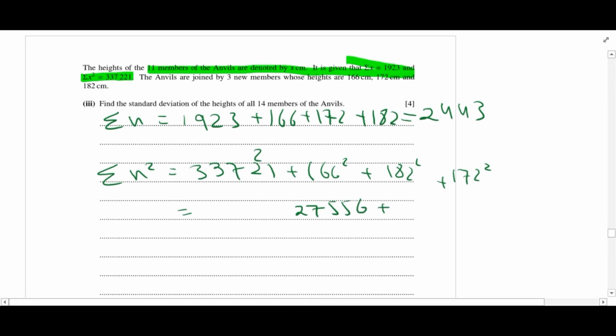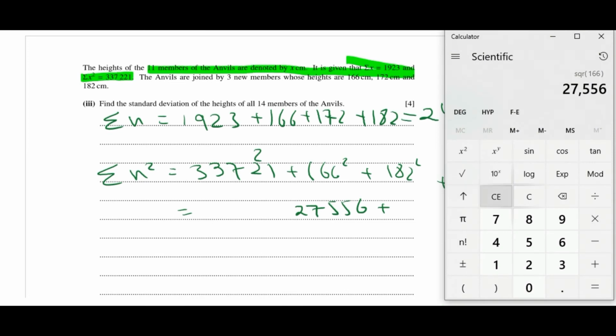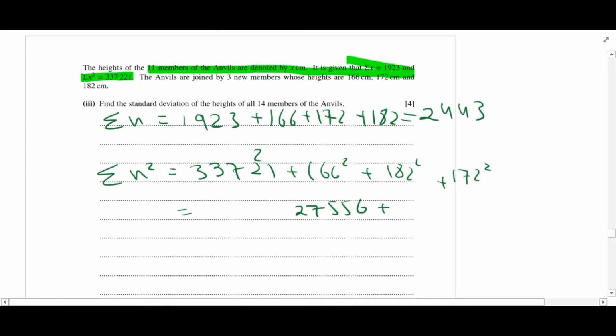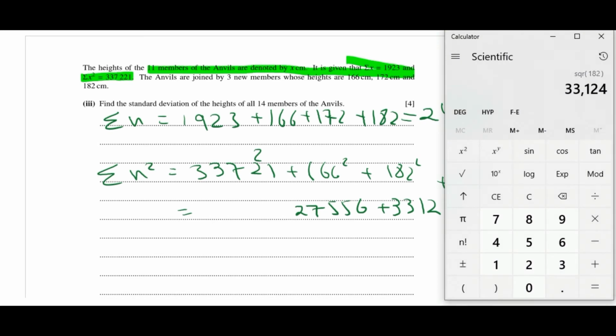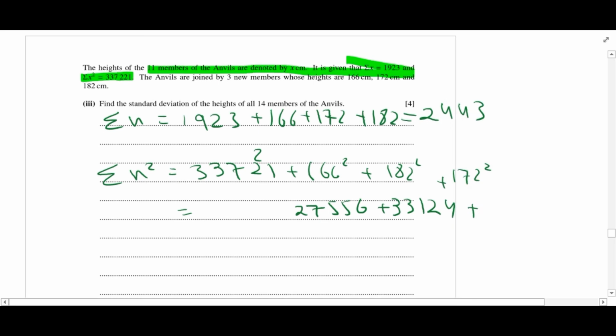27556. That is 27556 plus 182 squared. 182 squared. 172 squared. 29584.